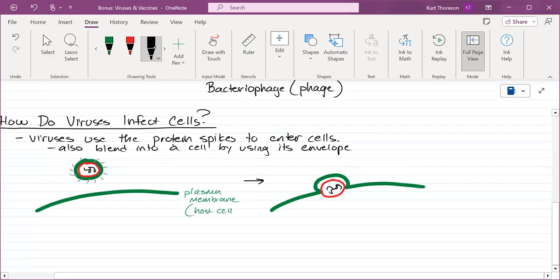It used its envelope to blend in with your own plasma membrane to just invite itself to dinner. That's how they get in. And then they go after your nucleus, because what's in your nucleus? Your DNA, and that's the target.